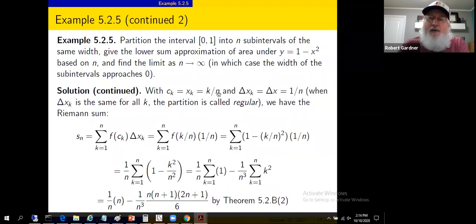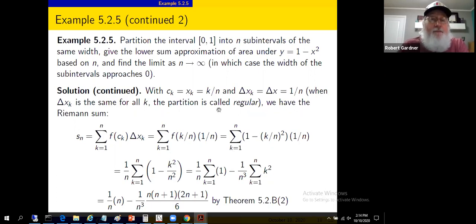C sub k is k over n. Delta x sub k is denoted delta x because we took them to be the same. Otherwise, we get totally lost in the arithmetic. That's 1 over n in this case. By the way, a common term for a partition in which all the little pieces are the same size is called a regular partition. I don't recall seeing that in the book, but this is common terminology.